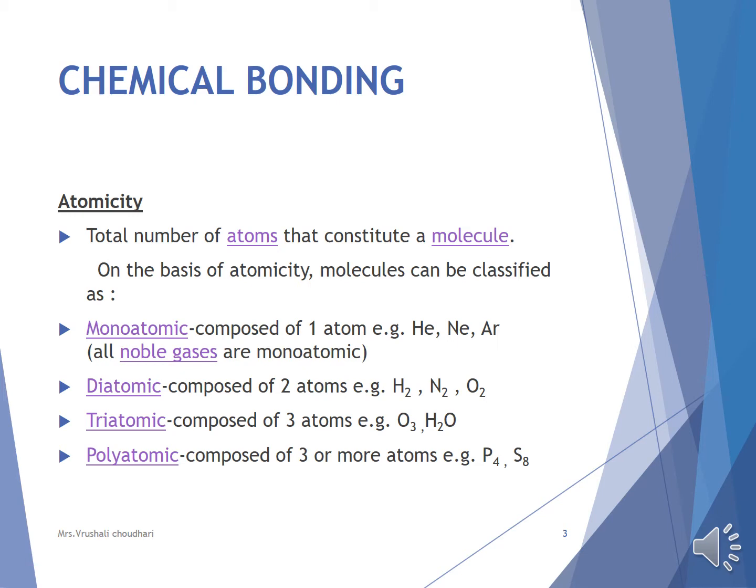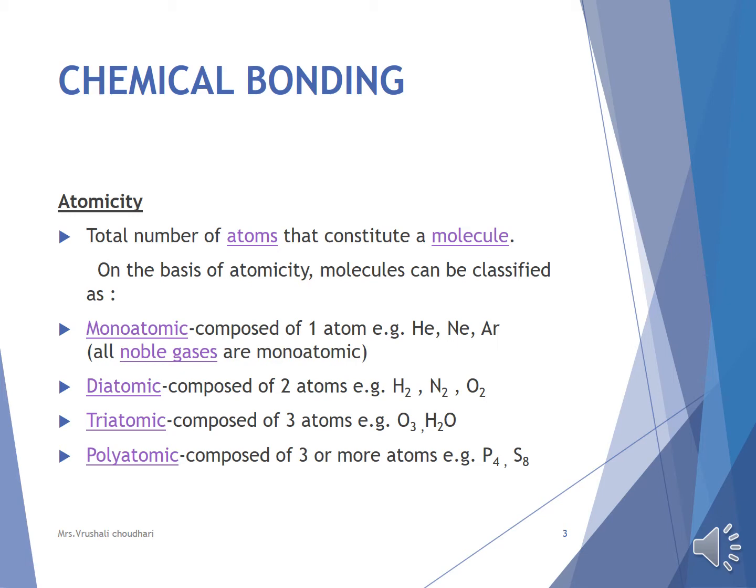How is that possible? Because a single atom will combine with another atom to form a molecule or a compound. The number of atoms present in a molecule is called atomicity.